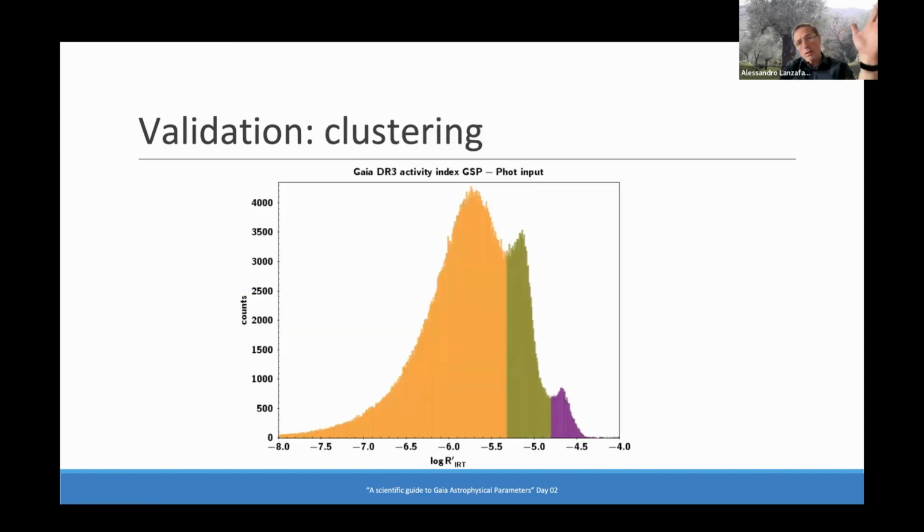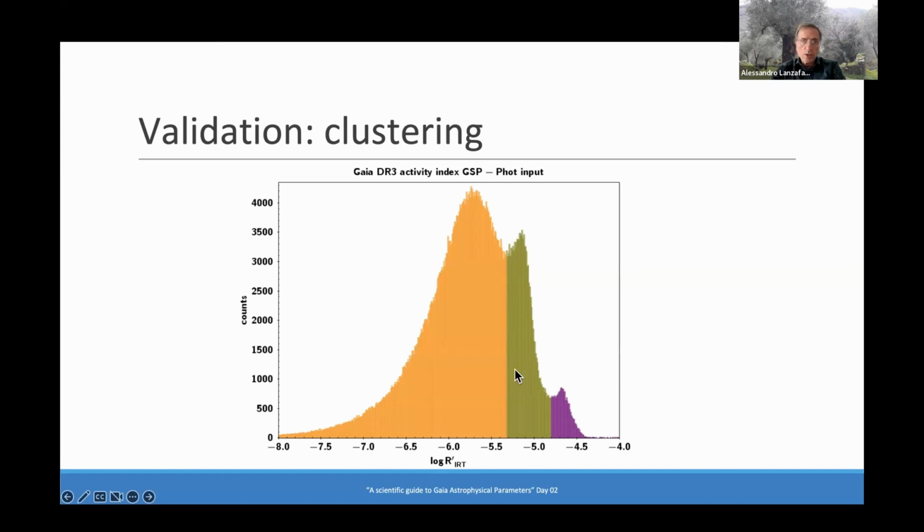So if we project this distribution in one dimension, not distinguishing different effective temperatures, we see mostly three peaks in the distribution. This peak here corresponds to accretion, as we shall see in a moment.